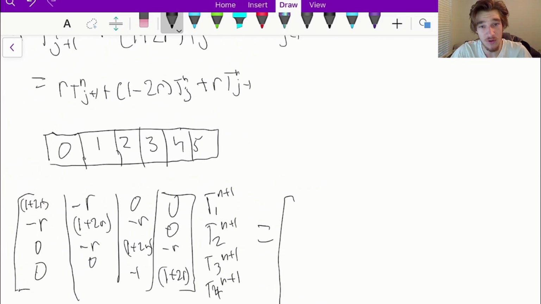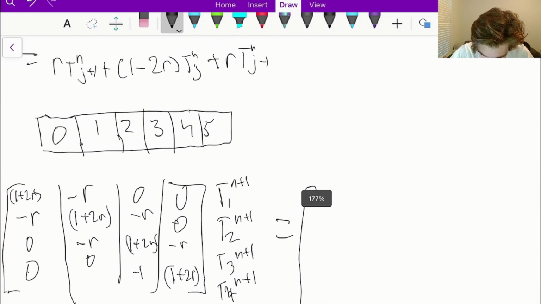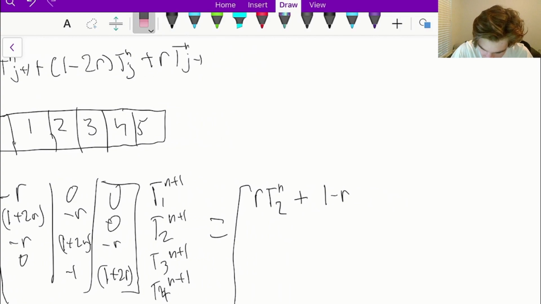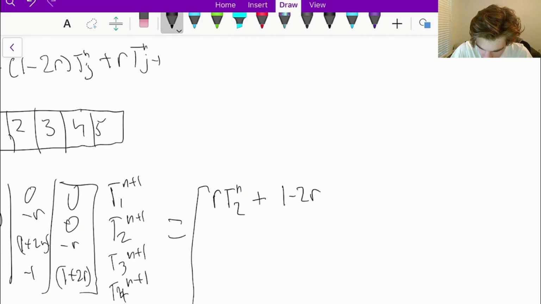And so for the right-hand equation, at j, we got r at t2, because that's the j plus 1, time of n, and then we're going to do plus 1 minus 2r right here, times the temperature T of 2, or of 1, I apologize.